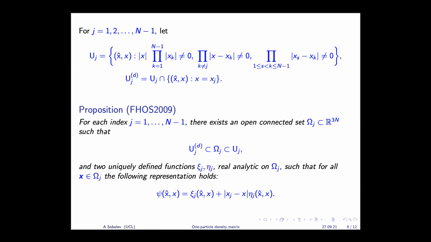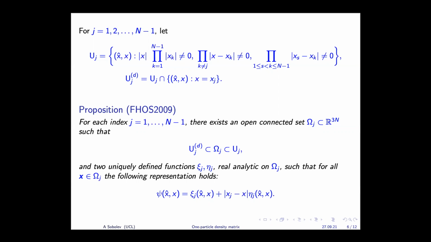Here I had two-dimensional particles, right? They were frozen and X was wandering around. And here, let me just look at two particles, X and X1. This is the origin. The set U1 will be this.